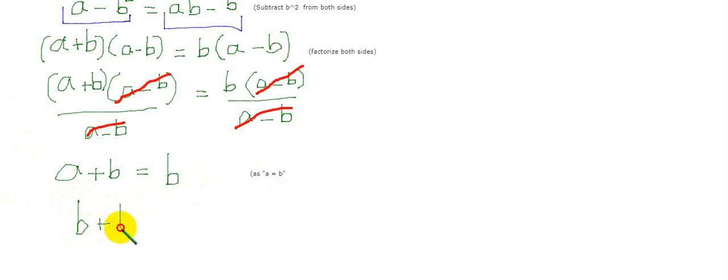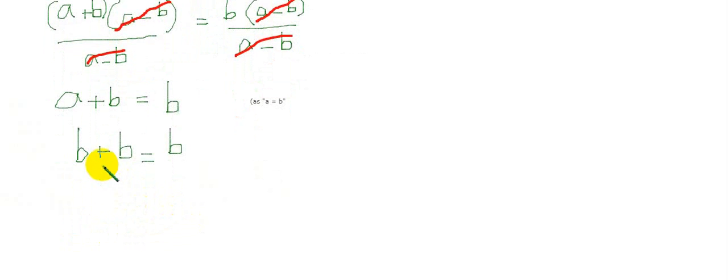So B plus B equals B. Now we just have to add these two, B plus B is 2B.